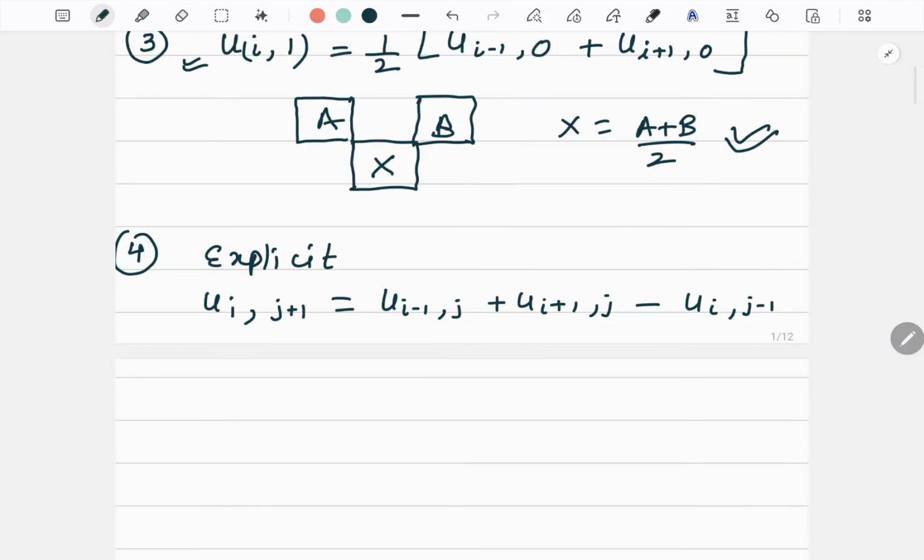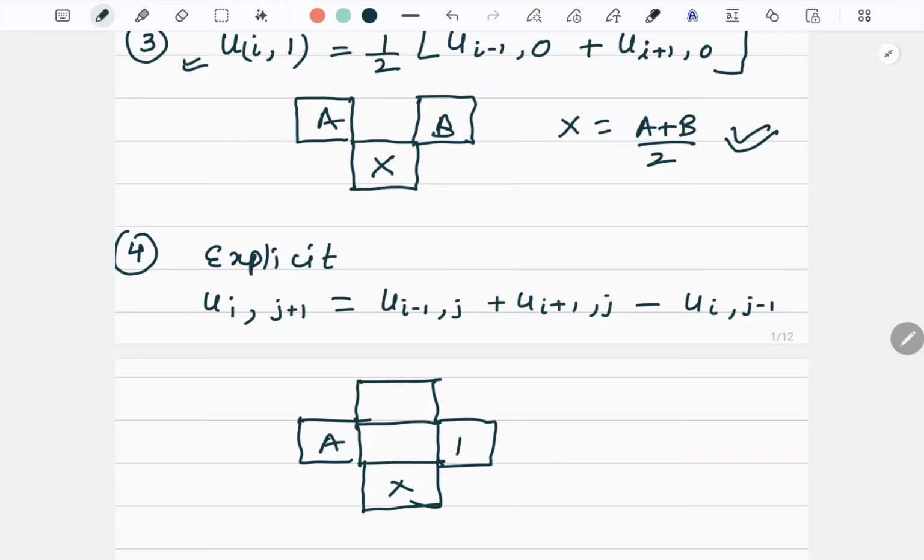This is the formula which we will write for marks, but suppose I want to fill this box. My target will be this box and the box above it. So A, B and C, if it is, then x is equal to A plus B minus C.